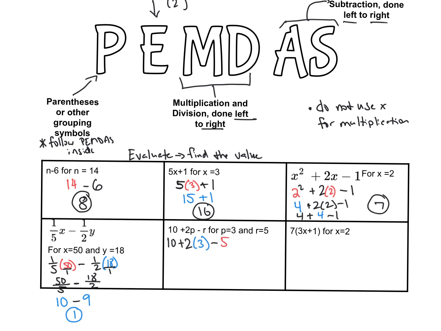Order of operations says I have to do multiplication first. So it's going to be 10 plus 6 minus 5. And now since it's just addition and subtraction, I'm going to work left to right. 10 plus 6 is 16 minus 5 for a final value of 11.